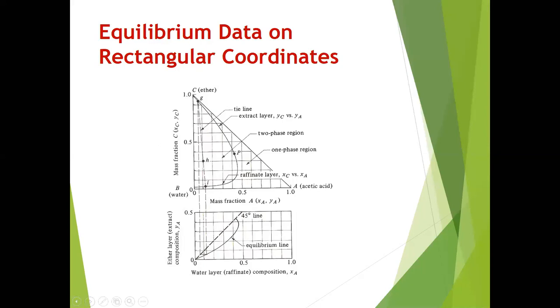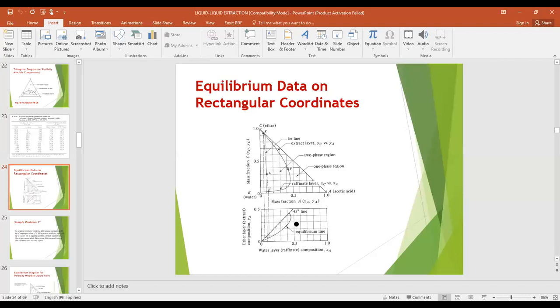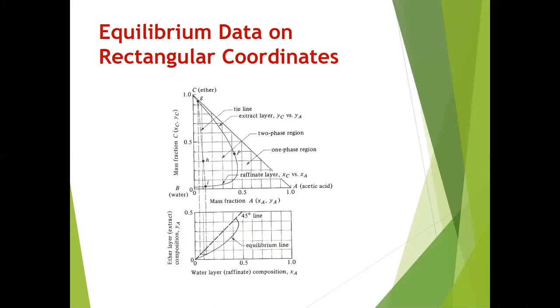Is the composition of the raffinate 0.295 in terms of acetic acid? Nobody? So then I need to escape because I can't remember. So our composition for acetic acid in the raffinate is 29.5 weight percent.